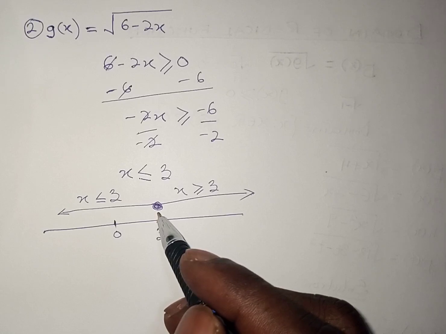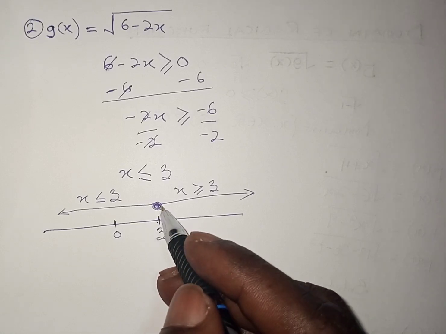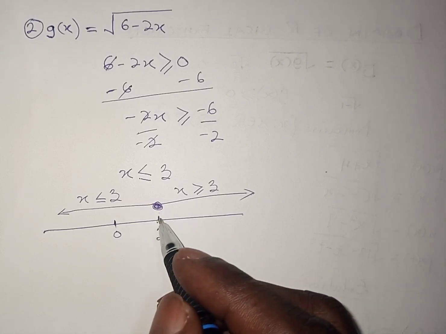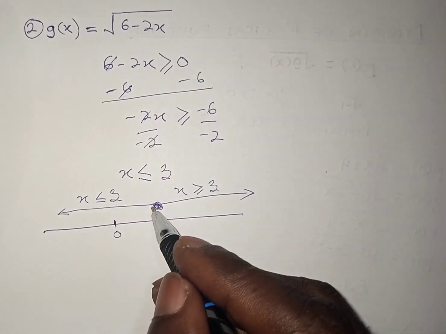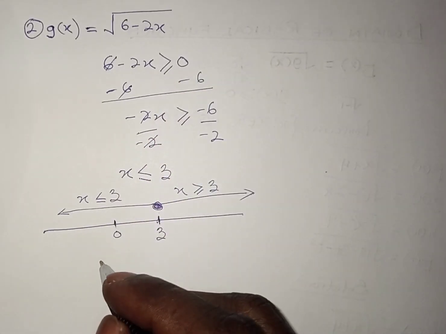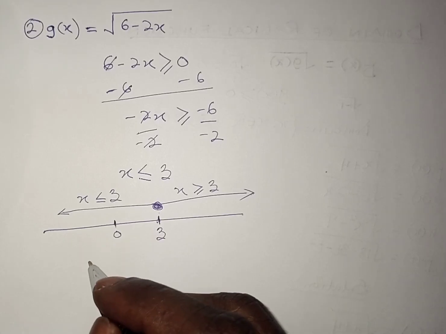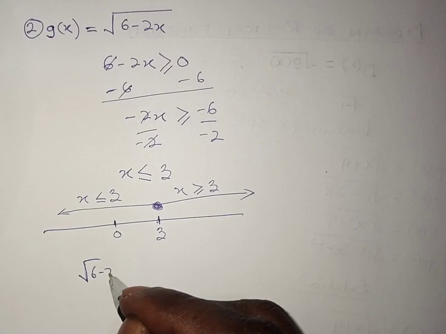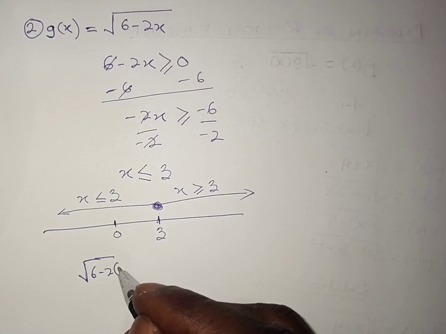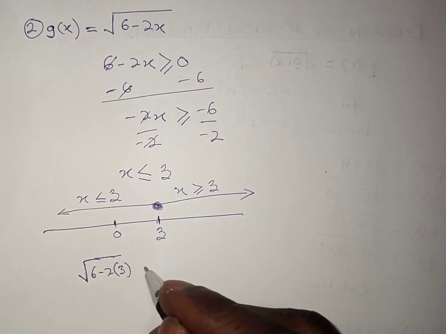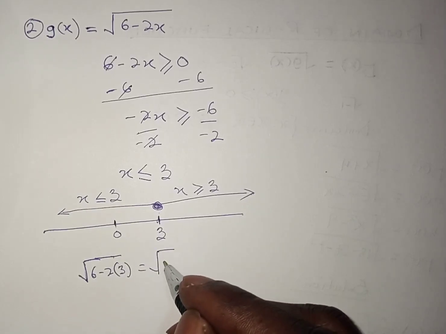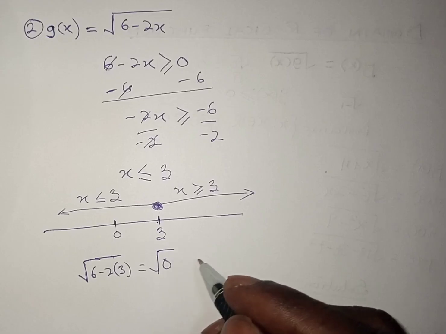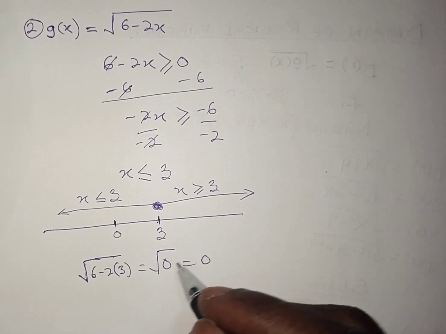So if we are to test, then I can put 3 here. I can choose 3 because it says it should be equal to. So if x is 3, then I can write 6 minus 2 times 3, and this gives me 0. And the answer is 0. It is defined.